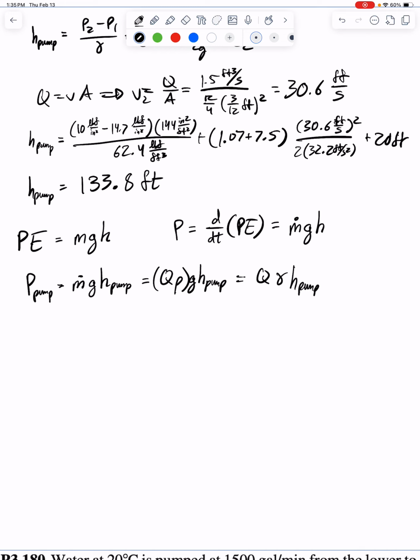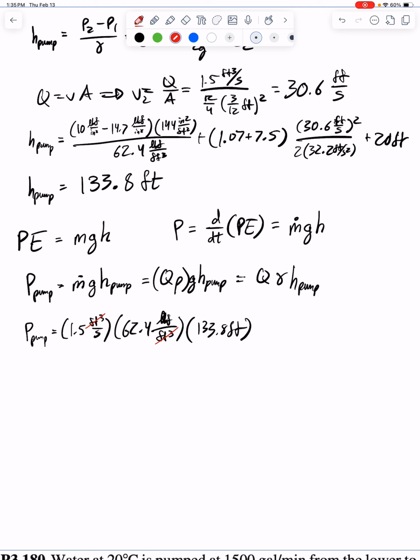Now, we're going to plug in our values and solve for the power required by the pump. Power pump is equal to Q, 1.5 cubic feet per second, times gamma, 62.4 pound force per cubic foot, times the fluid height column of the pump, 133.8 feet. One thing to notice here is that the cubic feet cancel out, and what we're left with is pound force times feet.